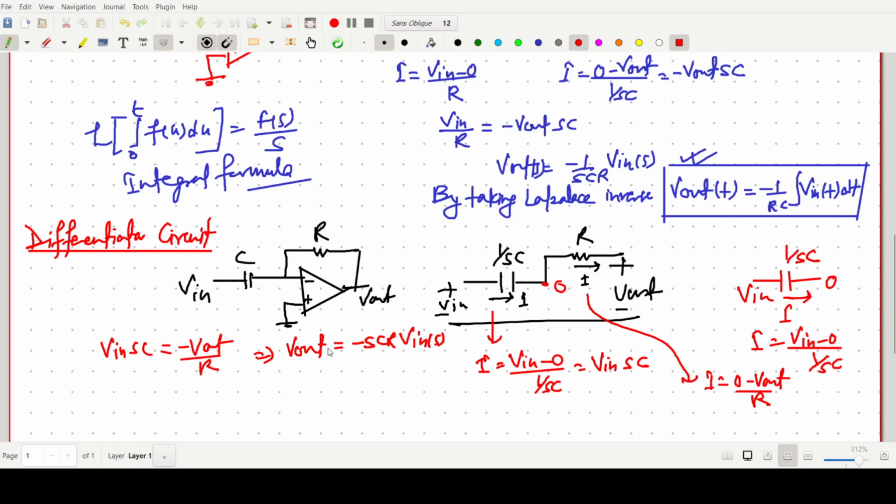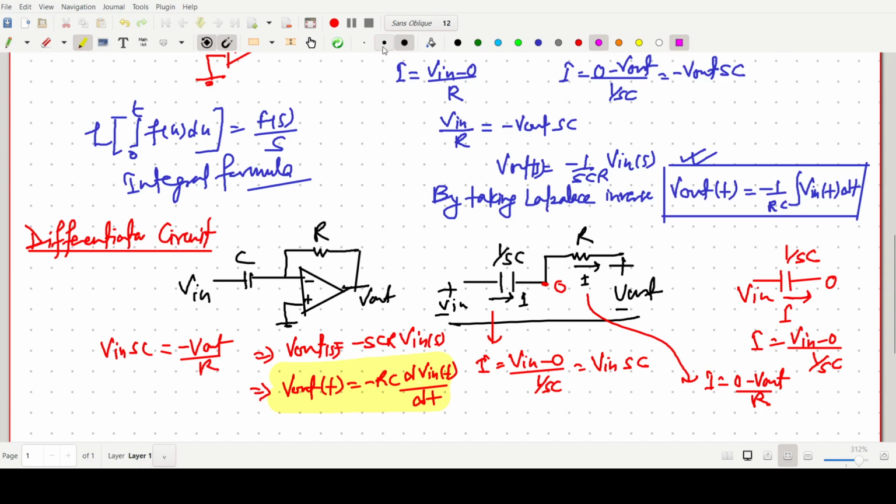It is in the S term. Now by taking the Laplace inverse, we can write V output t equals to minus RC d V in t by dt. So this one is a simple differentiator circuit, but you have to know the formula.